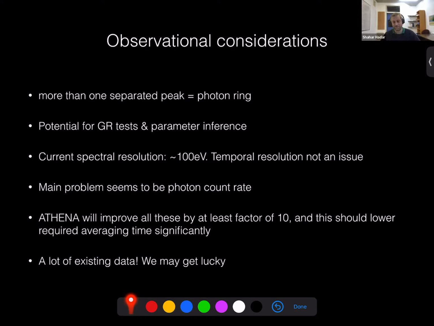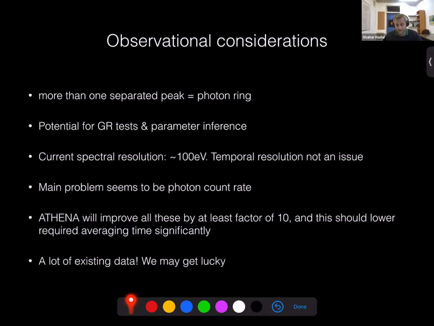Maybe there's some effect that we're not thinking about, but basically this can only come from lensing, as far as I'm aware. Just because these sources are very stochastic, very turbulent, usually. But okay, maybe this needs more thought. And again, like the photon ring correlation, there's potential for GR tests and ways to infer parameters of the black holes.